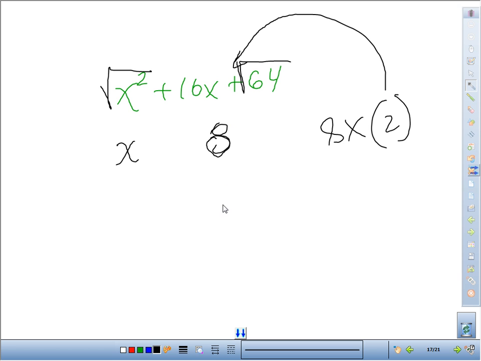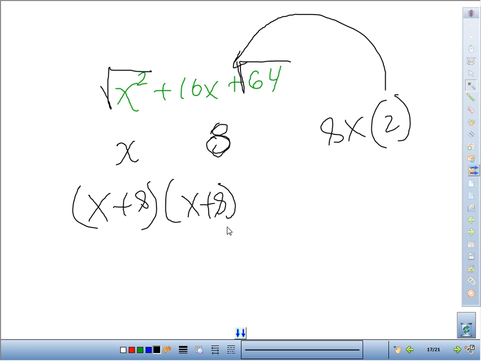Is that correct? Yeah. Which tells us that we can write this as x plus 8 times x plus 8. And if I multiply it, I should get this. It's just a pattern. That's why you're asking, so what happened to the middle term? It's gone. Why? Because we're already getting our factors.